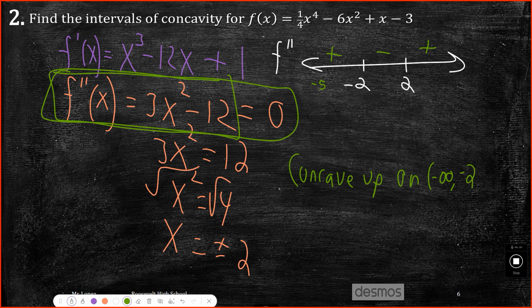Now, here's the question. Is it included or not included? And the answer to this is not included. Not included, comma, 2 to infinity, not included.